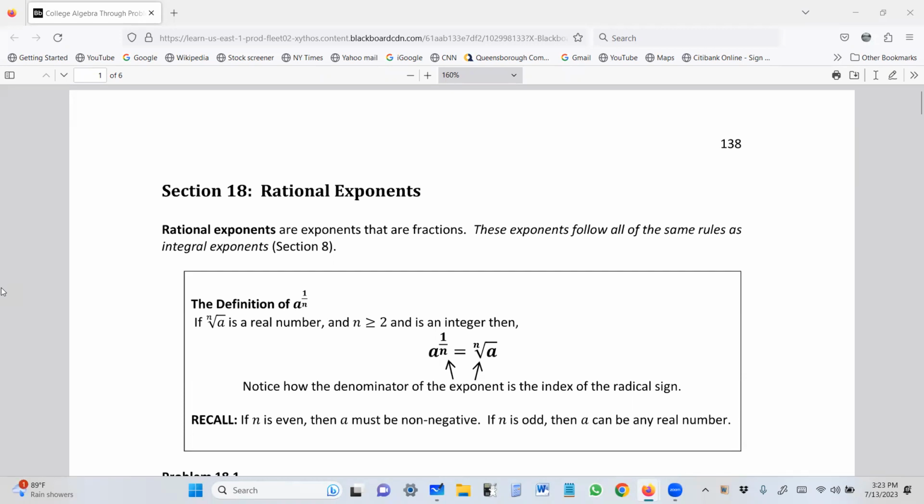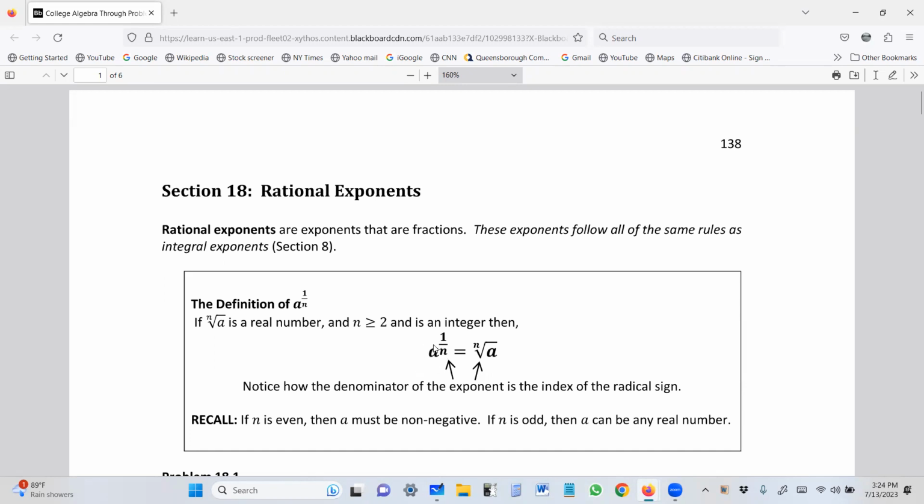Hi, hello everybody. So this is section 18 dealing with rational exponents. In this section, we're going to cover that sometimes it's necessary, when we have a radical expression, meaning an expression that involves the radical symbol, to be converted to an expression that has rational exponents, meaning an expression as you see here on the left side, which has a base to a power, and that power is going to be a fraction.